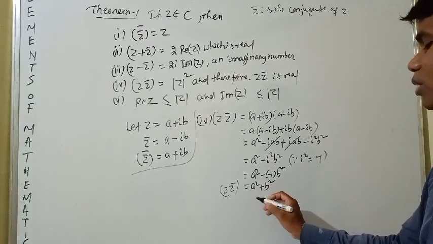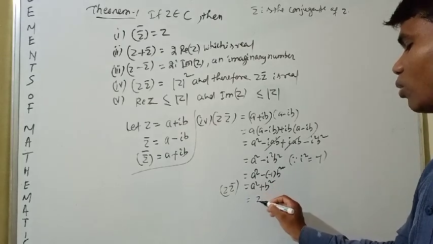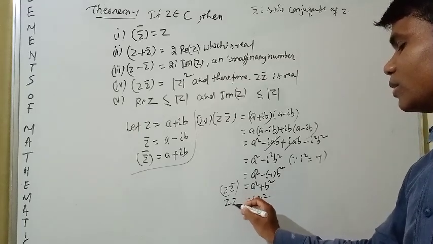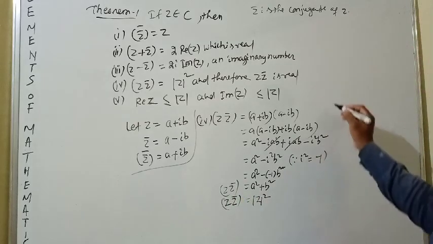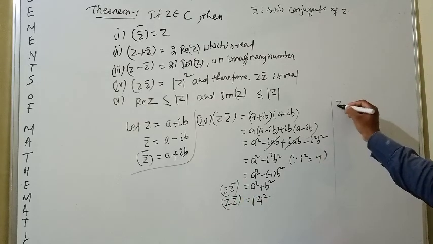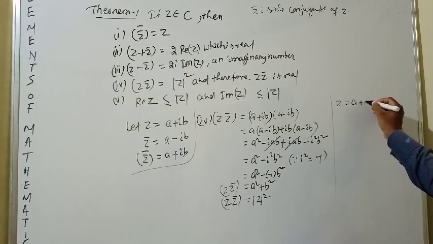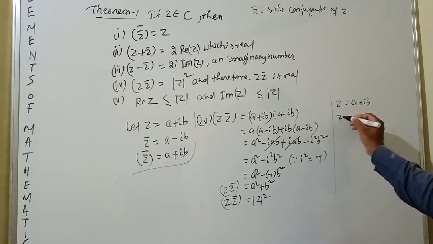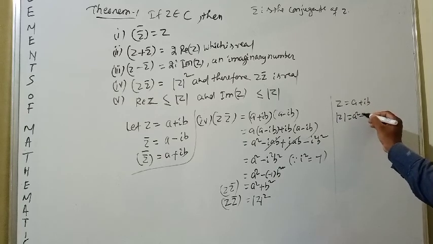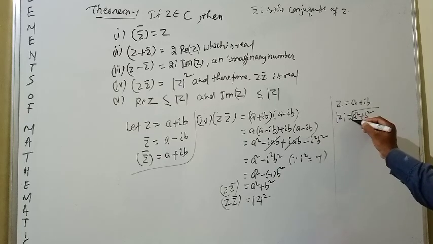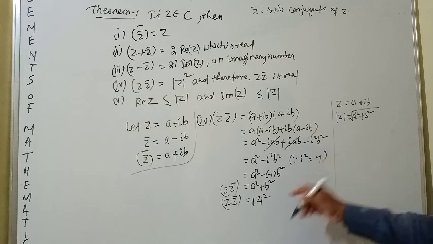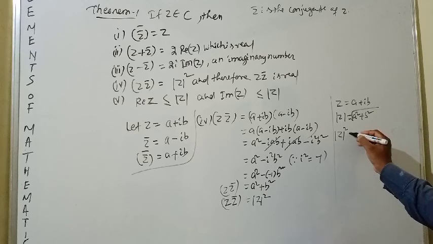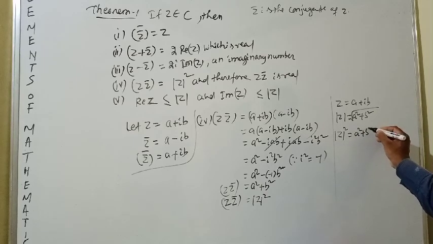A square plus B square is the modulus of Z square. You know how to find the modulus: Z is equal to A plus IB, and in my previous video I discussed this, mod of Z is equal to root over A square plus B square. So mod of Z square is equal to A square plus B square.